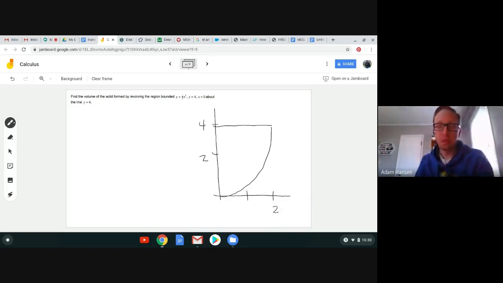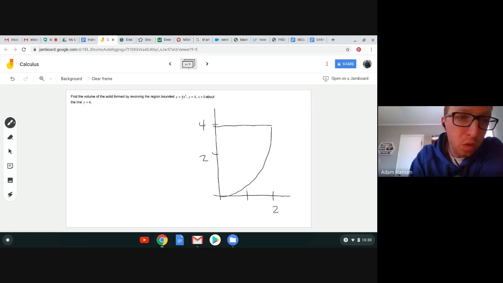So there's a decent picture of what our region looks like. We are rotating about the line y equals 4. And this curve is y equals 1/2 x cubed.